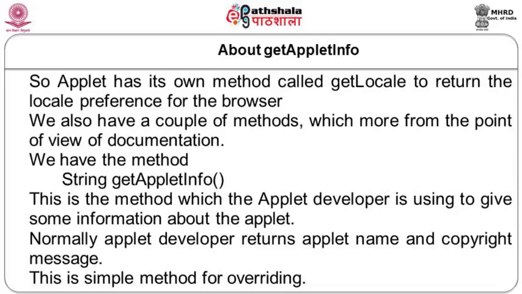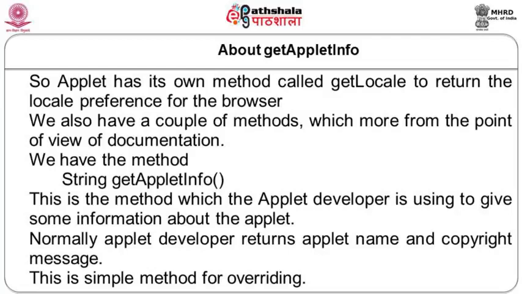Another thing: there are a couple of methods which have no real functionality, but are there from the point of view of documentation. We have this method called getAppletInfo, which just returns a string. It doesn't do anything for us.